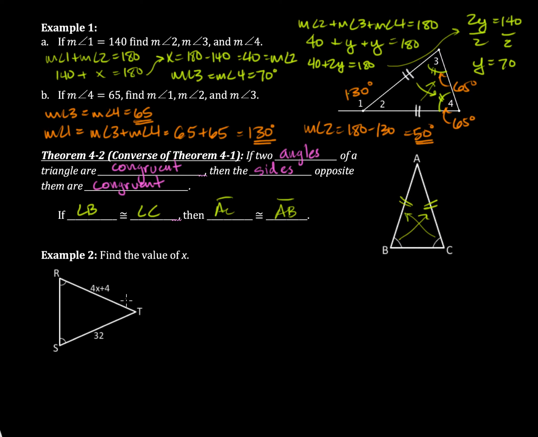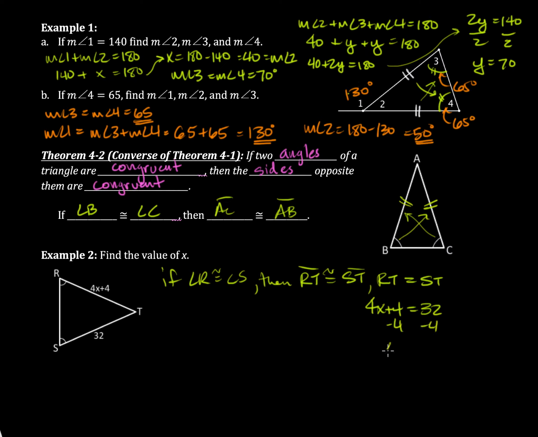So if I look at example 2 down here, it says find the value of x. Segment RT's length is 4x plus 4, and segment ST has a length of 32. But angle R and angle S are congruent. So if angle R is congruent to angle S, then I know that RT should be congruent to ST. Or another way to say that is that the length of RT should equal the length of ST. So that would mean that 4x plus 4 should equal 32.